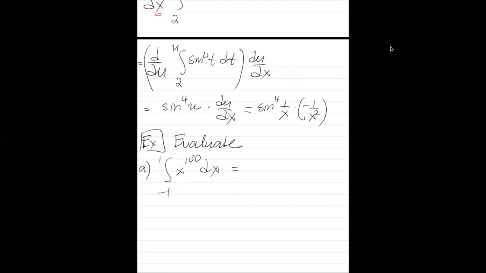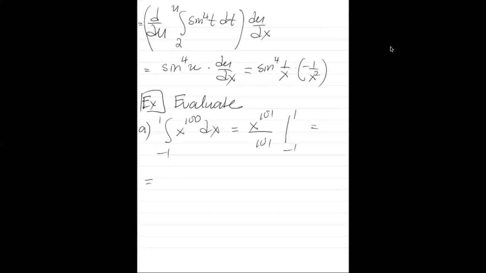So the antiderivative of x to the 100 is x to the 101 over 101. Evaluate this from negative 1 to 1. If you substitute 1, the upper bound first, 1 over 101 minus, then substitute negative 1 to a power. Okay, I'm going to do this again to have more room.